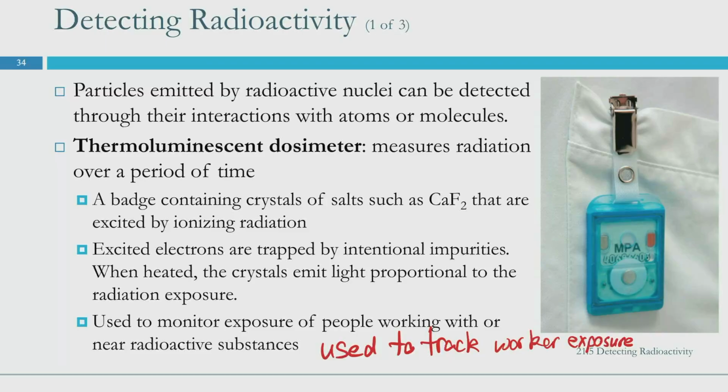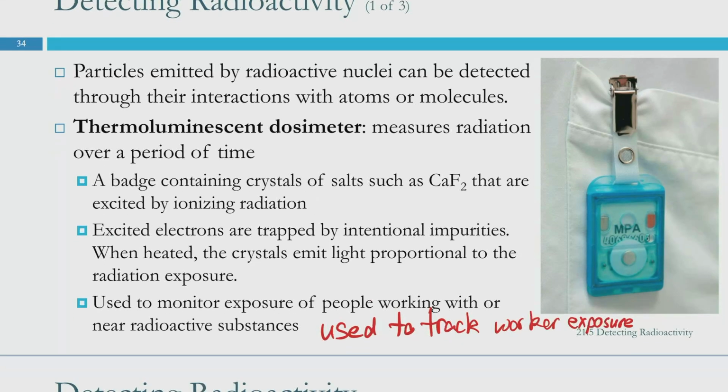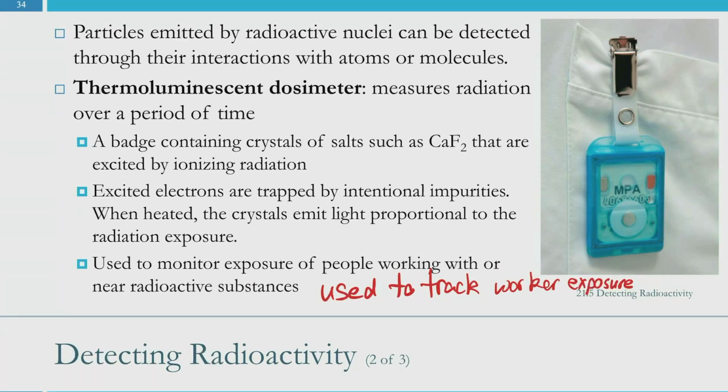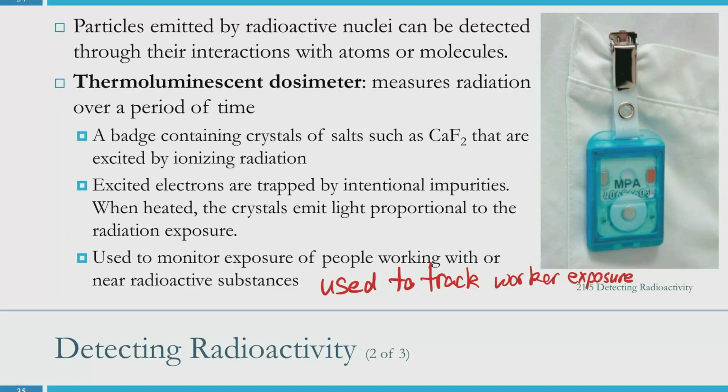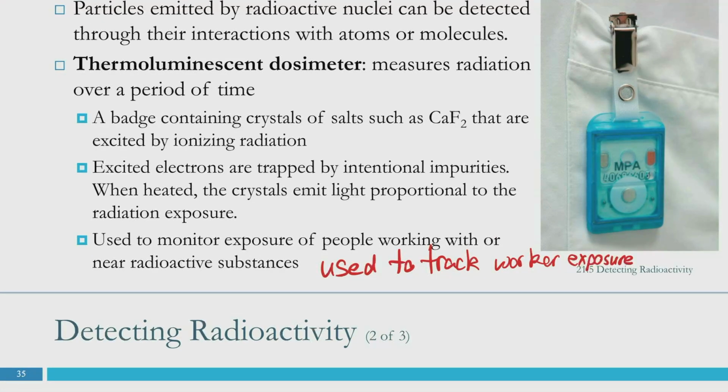The people at OSHA have regulations and limits on the amount of radioactivity that you can be exposed to over a certain period of time. So this is a way of checking that over long periods of time.